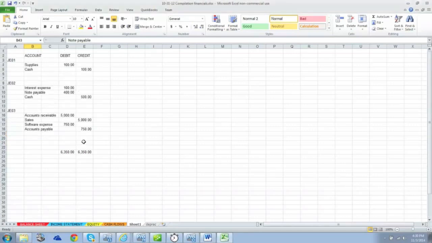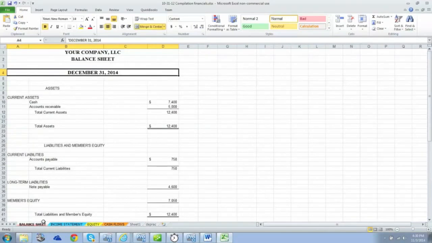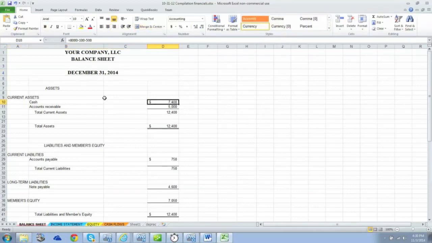So this transaction and these three transactions equal these financial statements. If we look at the balance sheet, the cash is the $8,000. I hope you can see this. It might be small on your computer, but the $8,000 is your initial investment.